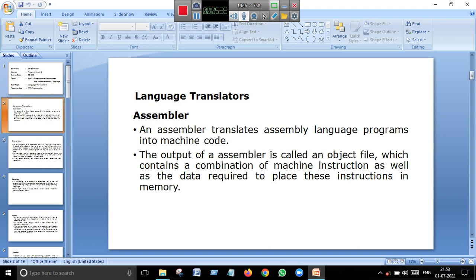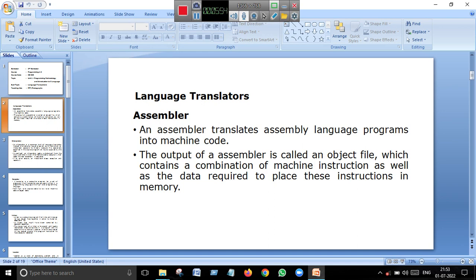In simple words, it is very difficult to learn machine or assembly language to write the instructions.